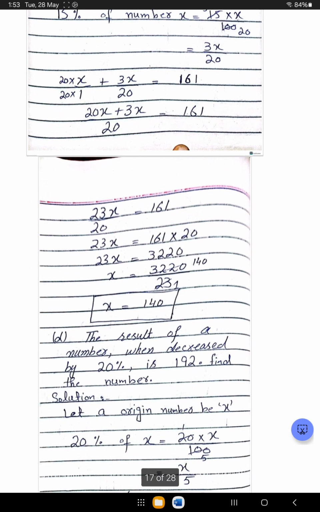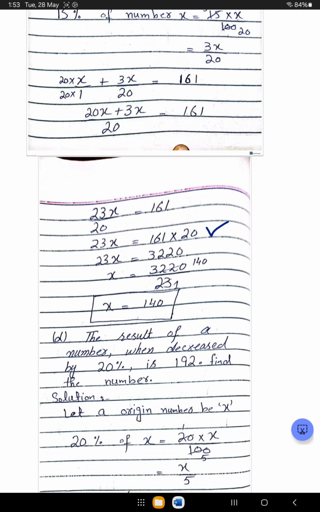20 plus 3 is 23, so 23x over 20 is equal to 161. Here 20 is multiplied by 161. 161 times 20 is 3220.